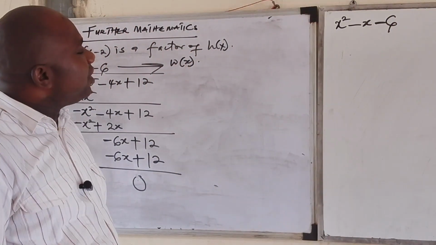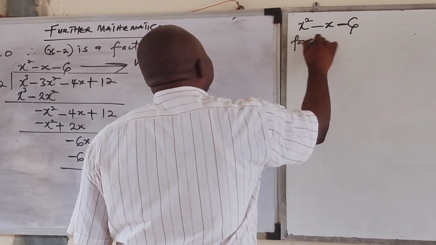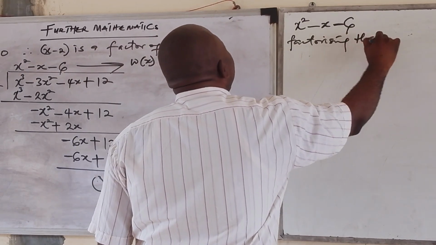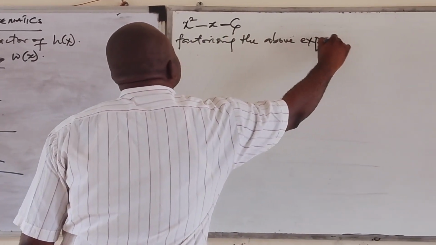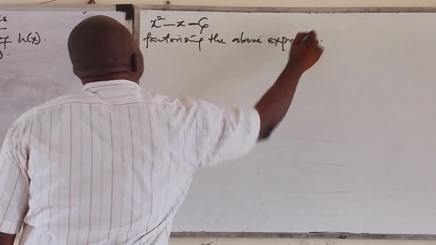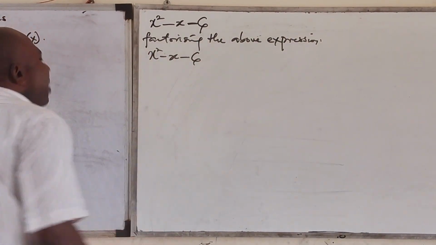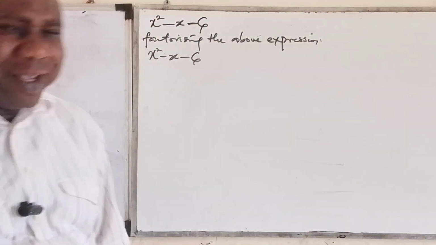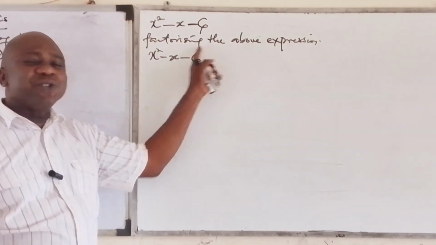Yes, let's factorize this. Now factorizing the above expression, x squared minus x minus 6. Now remember, we said when factorizing, the first step is to multiply the coefficient of x squared by the whole of c.